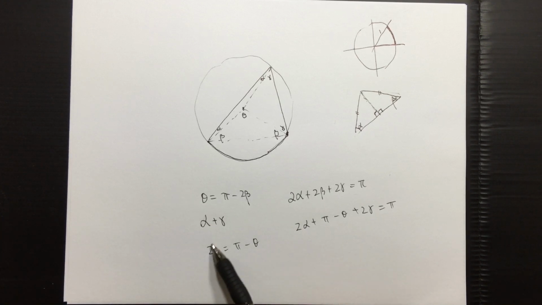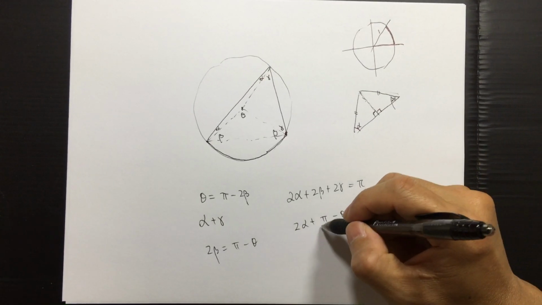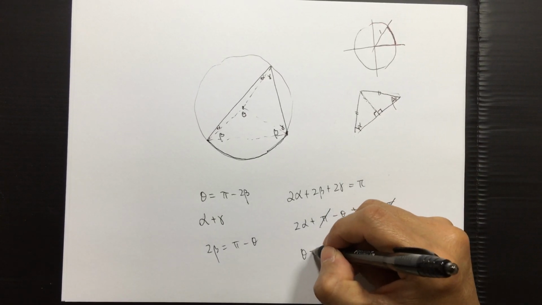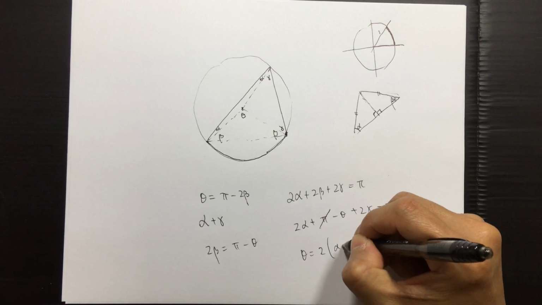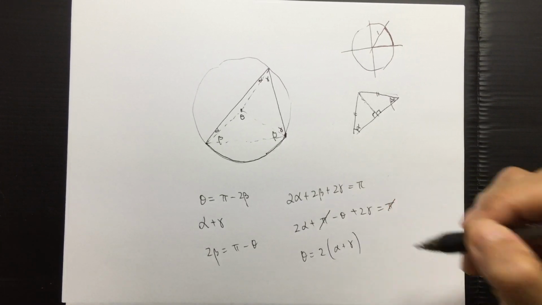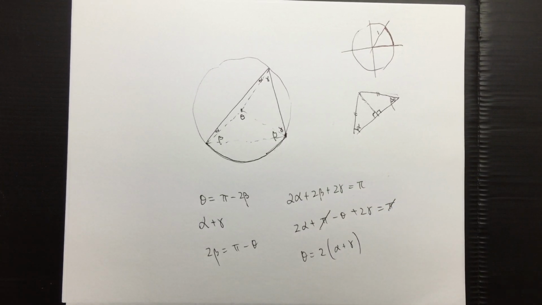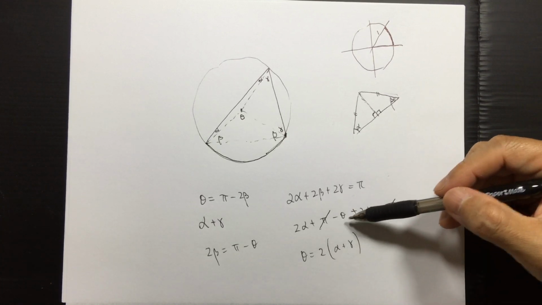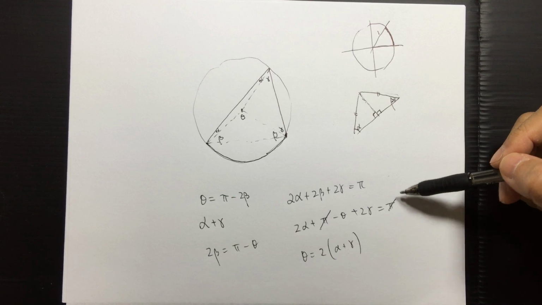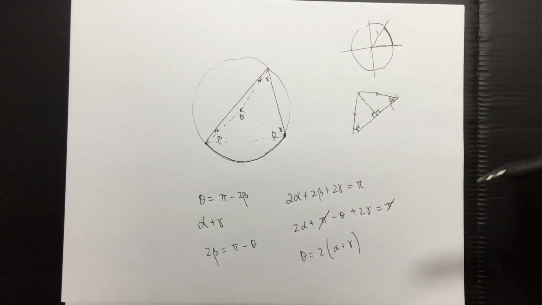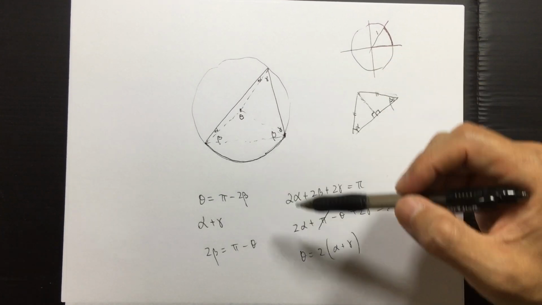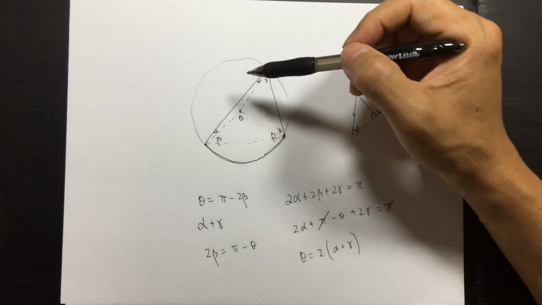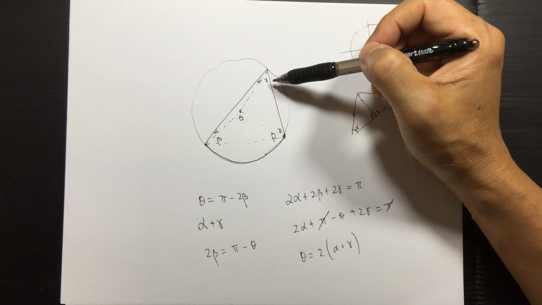You substitute this into this. Okay, and pi cancels out. Move theta over, so theta equals 2 alpha plus gamma. We move the theta over, then it becomes positive, and then we take the 2 out. So theta, which is this angle, equals 2 times alpha plus gamma.